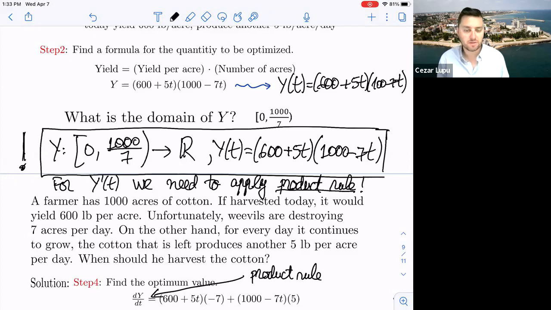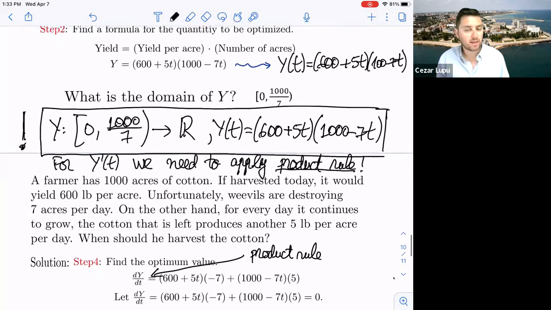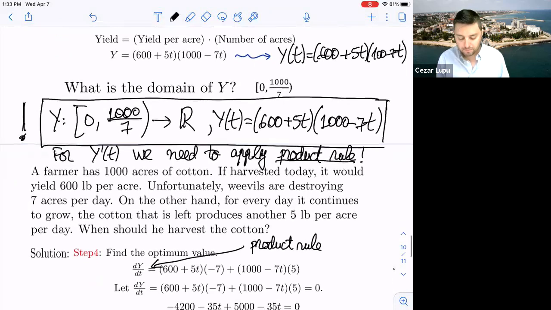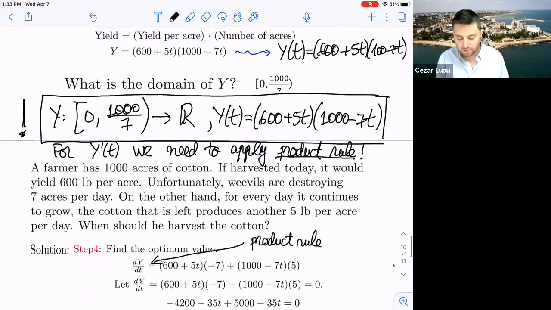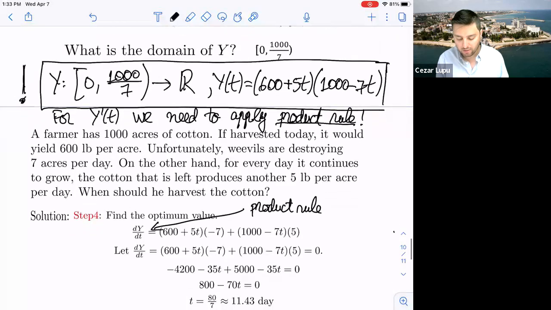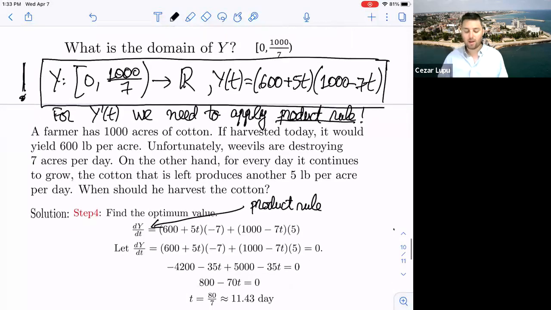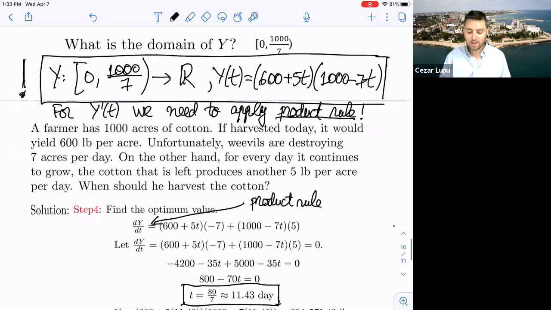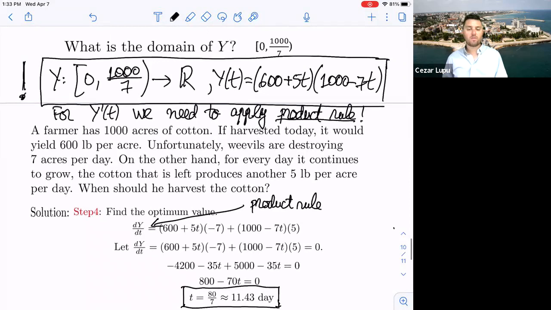It's actually pretty easy to see. And we're going to set this equal to 0, and we're going to solve this equation. And once we solve this equation here, anyway, it will give us, t will be this value. I'll leave the details to you. So this will give us this. So t is 80 over 7. So that would be the critical number.